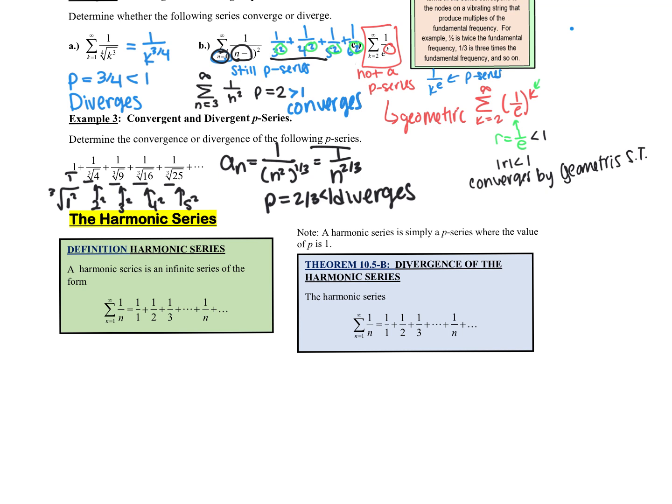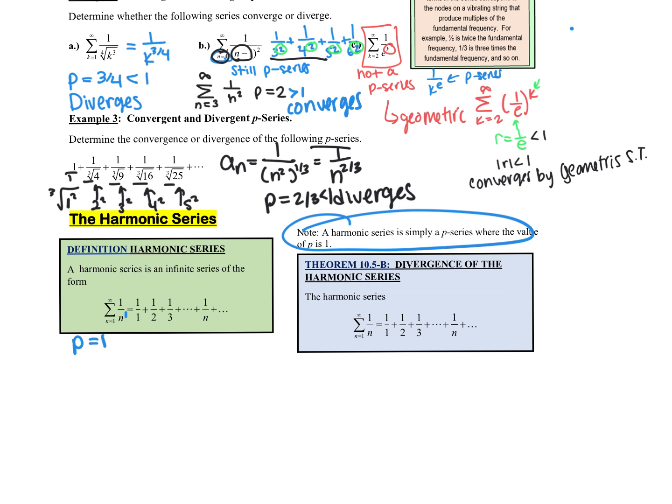And our very last example here is this harmonic series I have been telling you about, okay? So the harmonic series is technically a p-series with p equal to 1. So it's just a p-series of p equal to 1.